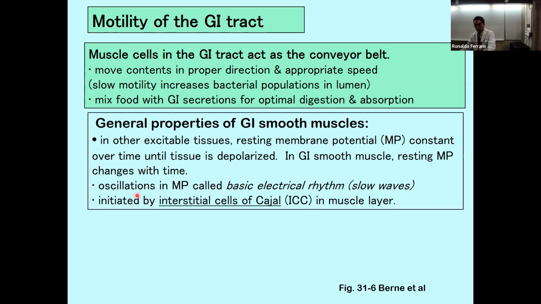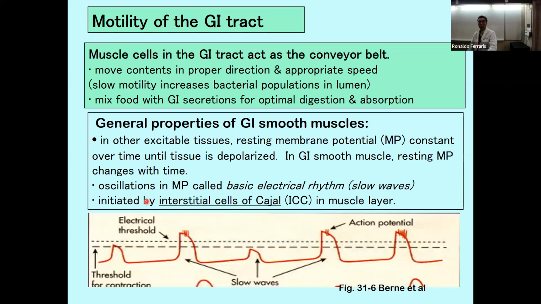It's initiated by the interstitial cells of Cajal, which some of you, if you have histology, will have already met. These are the slow waves that I was talking about, changes in membrane potential, and we can talk about this better in the next slide.